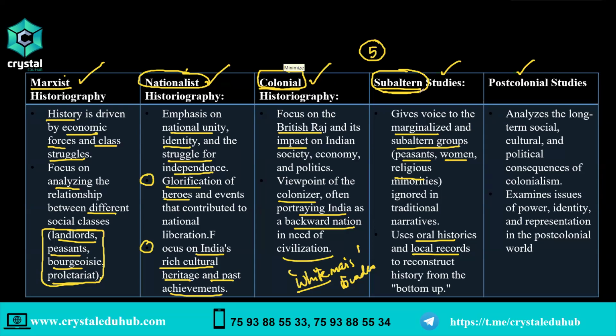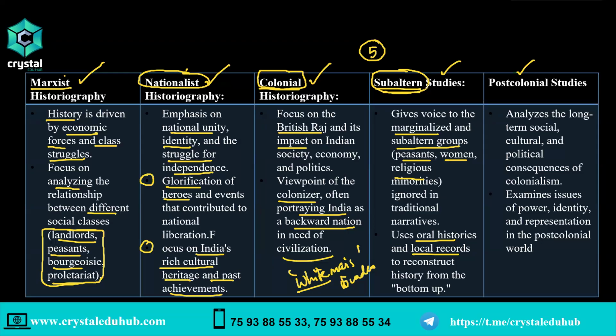So I was telling you guys about the subaltern studies. Subaltern means something downtrodden or marginalized or a vulnerable group like peasantry, women and religious minorities and other communities like tribals and everyone who didn't get enough recognition in traditional historiography. So they are the subaltern studies people.